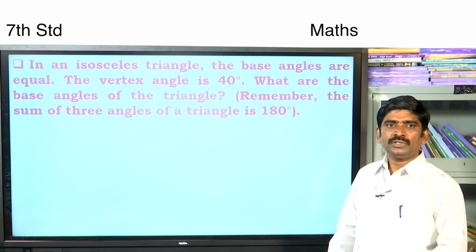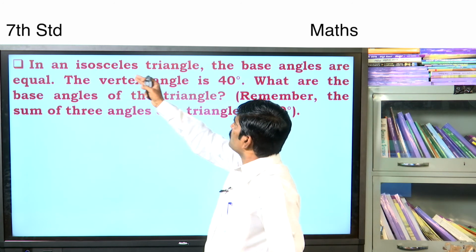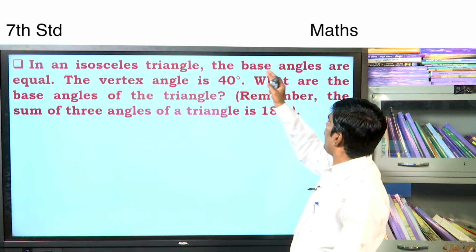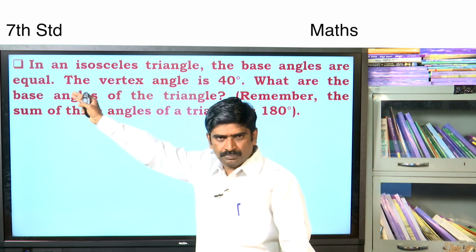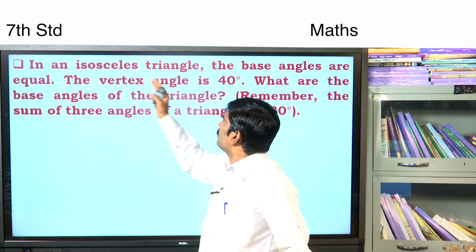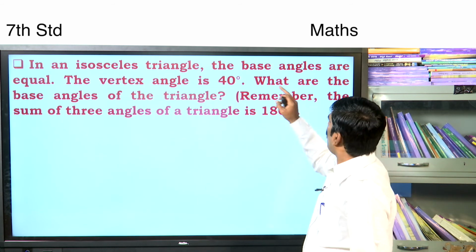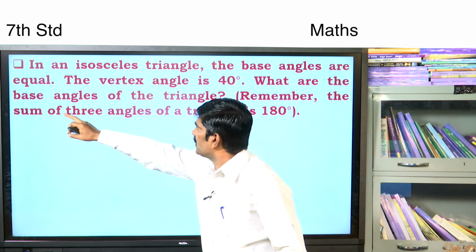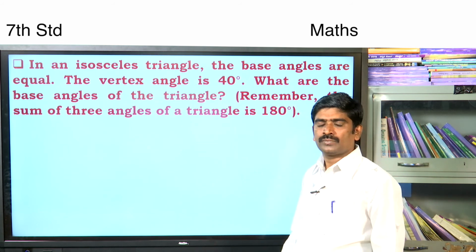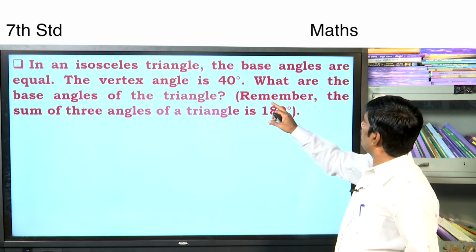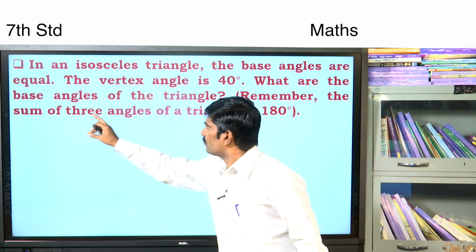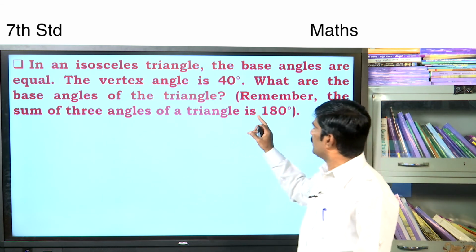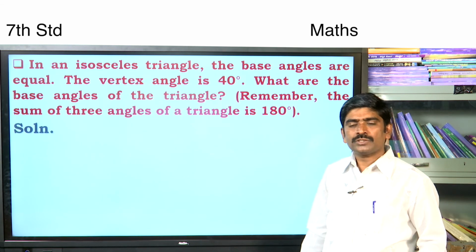Next, in an isosceles triangle, the base angles are equal. The vertex angle is 40 degrees. What are the base angles of the triangle? Remember, the sum of the three angles of a triangle is 180 degrees.